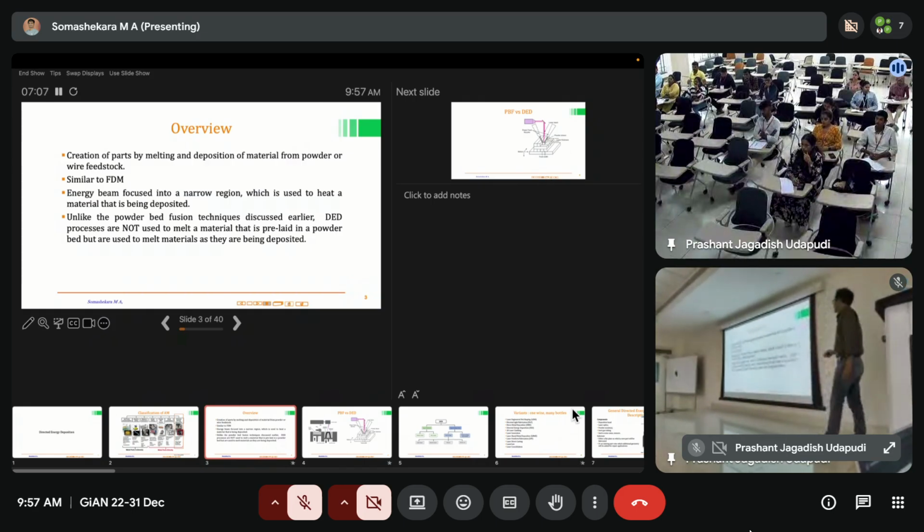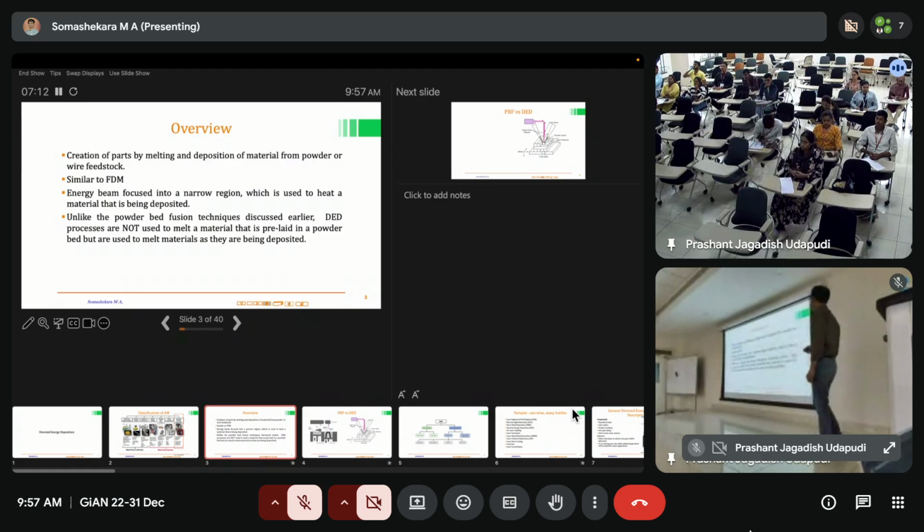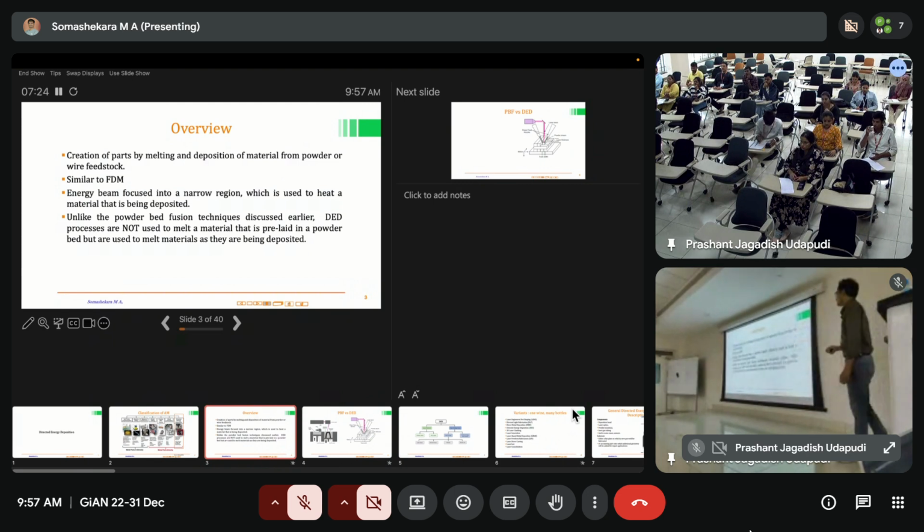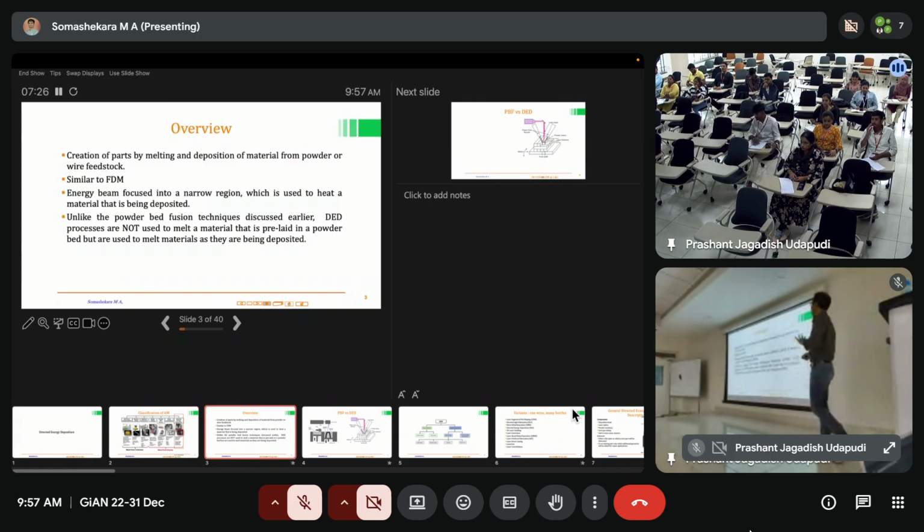And as I said, unlike powder bed fusion, where the powder is spread on the bed and then you selectively fuse or selectively melt it, here the powder is not spread over the entire bed.